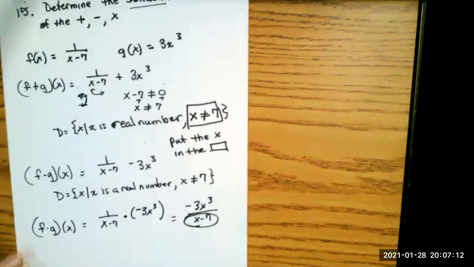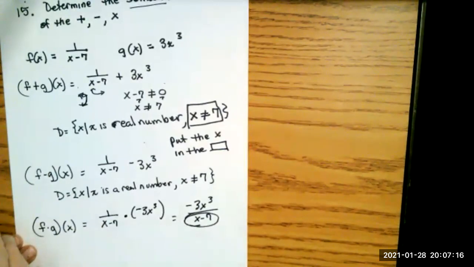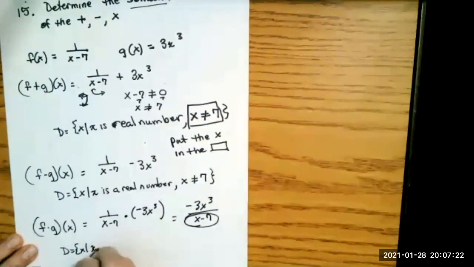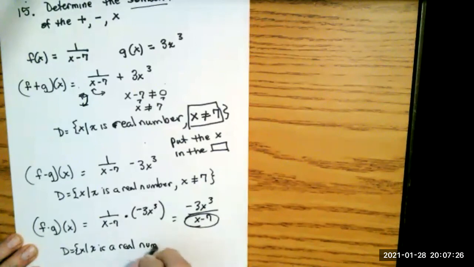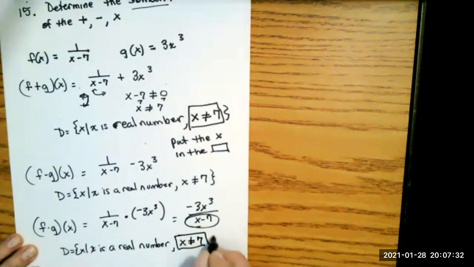That denominator messes everything up. It makes it one of those rational functions. And I have to say that it's got to avoid that 7. X is a real number, comma, X does not equal 7, and you do have to put all of that in the box.